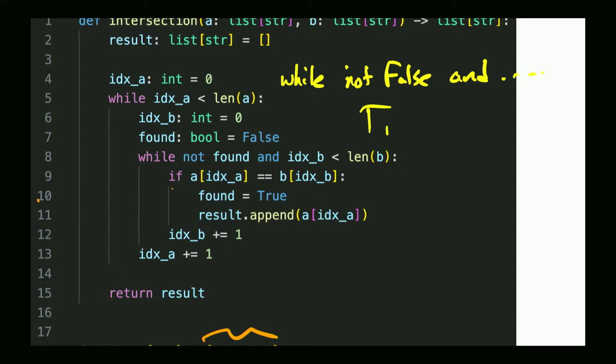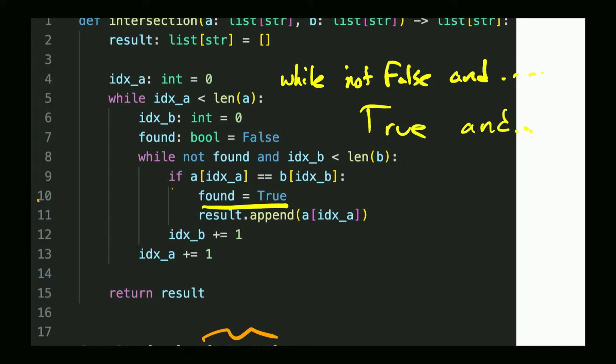Not false is true. So true, and so it's basically a way of saying we're going to start this. We're saying we haven't found the item that we're looking for in list B yet. So we say that that's false initially. And while not false is effectively while true, so we're going to keep looping until we find this given element. And that's what happens when we set that to true.